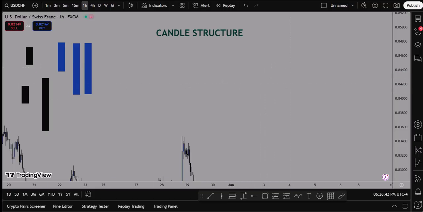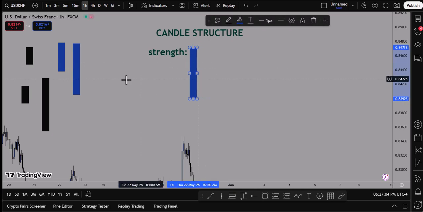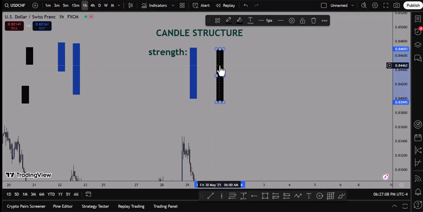So the first candle structure we have is strength. For strength, it can be a bullish or a bearish bar. So let's say this is a bullish strength bar, and this is a bearish strength bar.